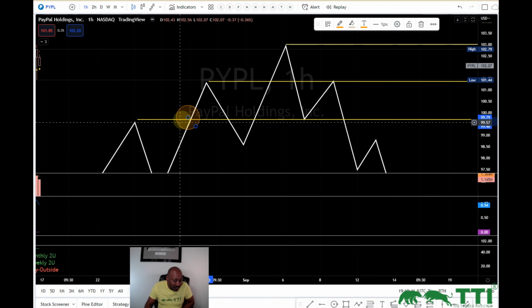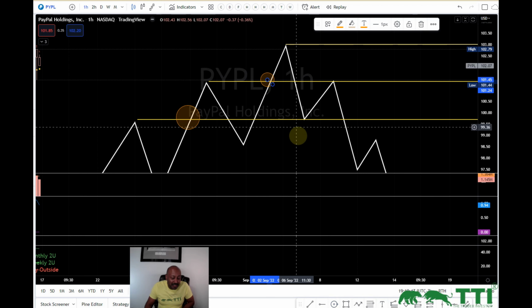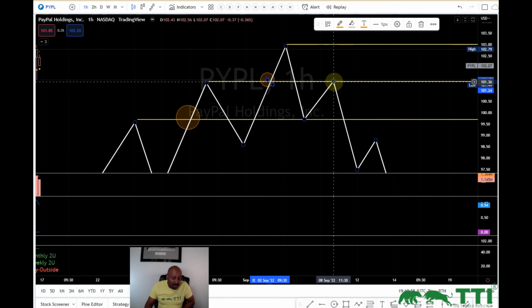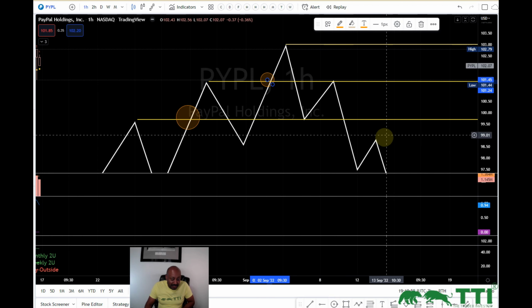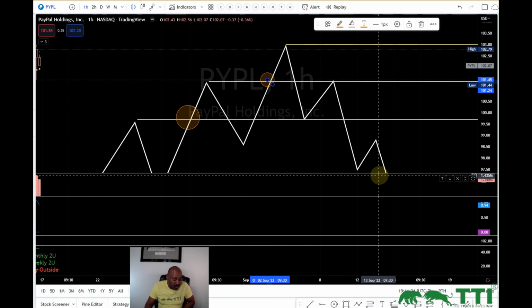After you make a high, where you break it is where you enter. In this instance, you made a high, but you never break that high. So you actually have a lower high followed by a lower low, followed by a lower high. This just continues to break.